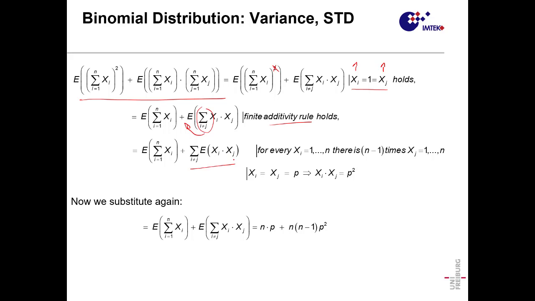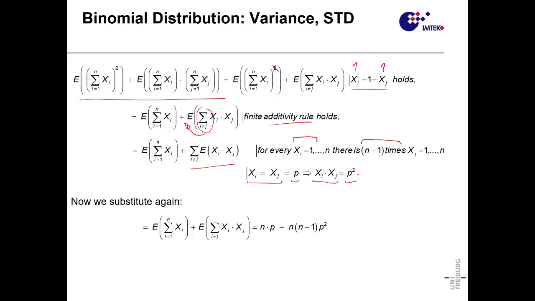So for each of the i that is equal to 1, there are going to be n minus 1 times that xj is equal to 1 too. Okay? Because it's always complementary. So if xj and xi each have the probability of p, the multiplication between them will give you p squared.